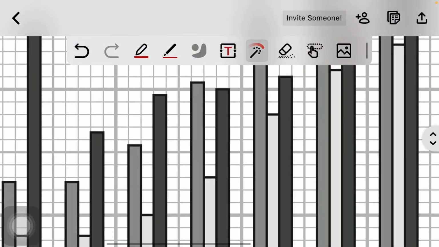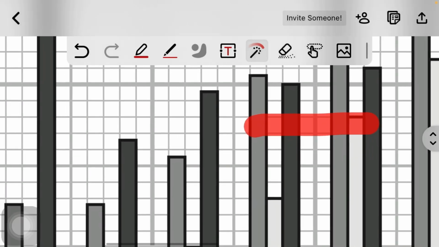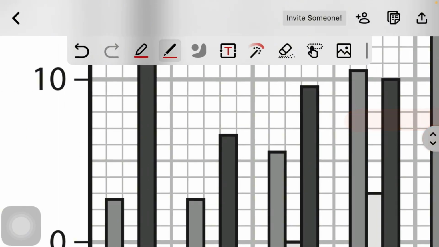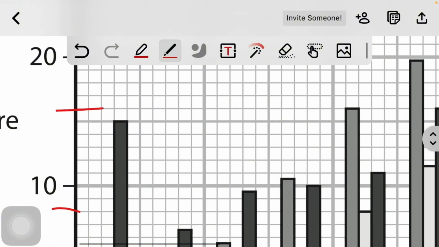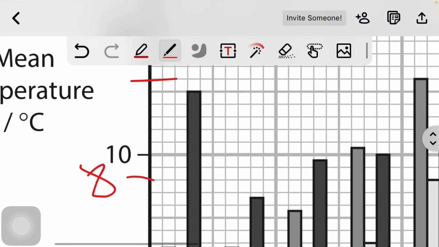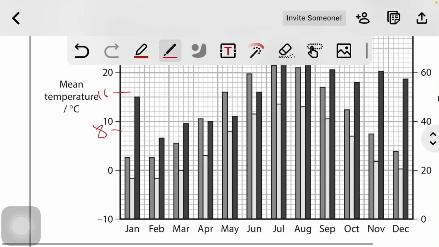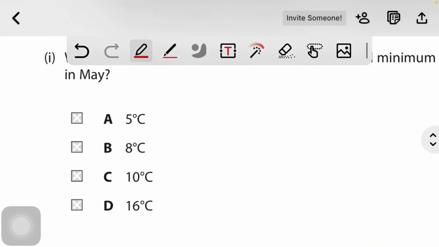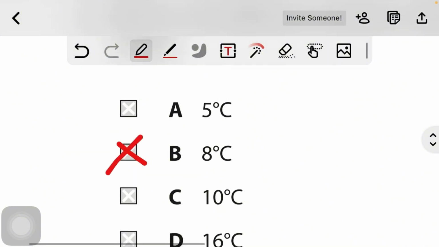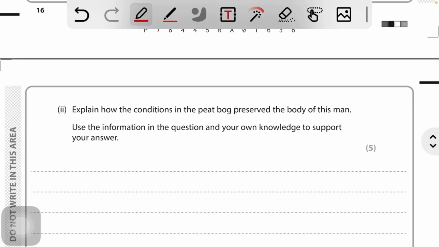From here we can see the values: this is 8 and this is 16. So 16 minus 8 is 8 degrees Celsius. Okay, so this is the difference. Now let's move on to the next question.